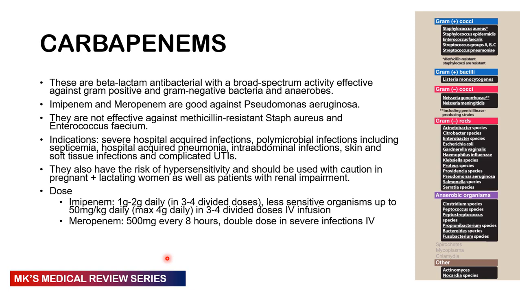So they're going to be effective against gram-positive organisms like gram-positive cocci, Staph aureus, Staph epidermidis, Enterococcus faecalis, Strep A, B, and C, Streptococcus pneumoniae, although there is some resistance of some of these organisms, especially with staph, gram-positive bacilli like Listeria monocytogenes, gram-negative cocci like Neisseria gonorrhoeae and Neisseria meningitidis, gram-negative rods like Acinetobacter species, Citrobacter species, Enterobacter, Escherichia coli, Gardnerella vaginalis, Haemophilus influenzae, Klebsiella species, Proteus, Pseudomonas, Salmonella, and so forth.